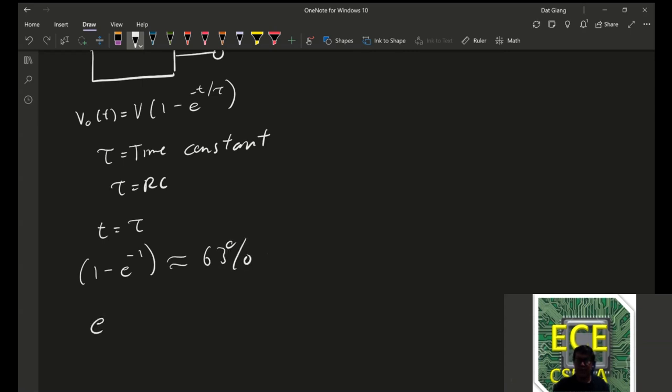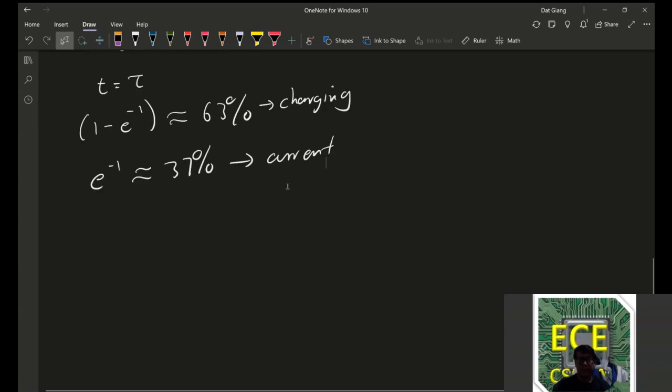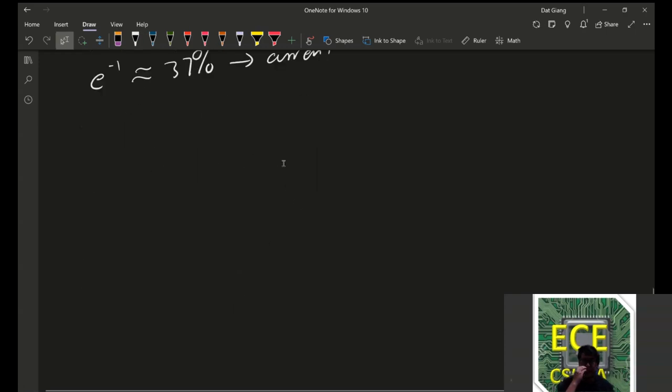If we have just e to the negative 1, that's roughly 37%. This is for charging, and this is for current. That is as far as we may want to discuss for RC networks: they can be modeled by an exponential growth, and in the case of current, an exponential decay.